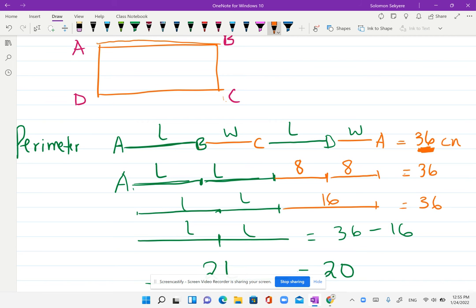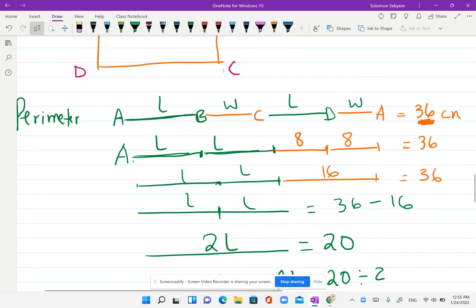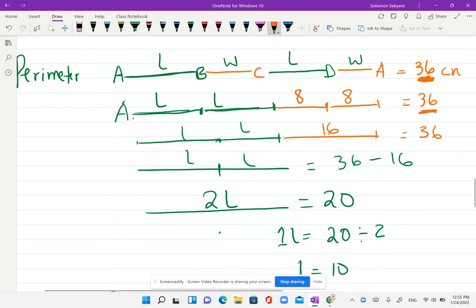That's how much you measured. So two of the lengths and two of the widths is 36. You got me? Got that?